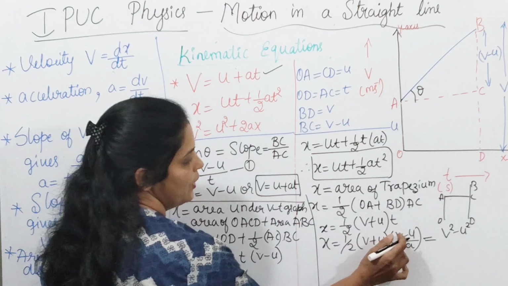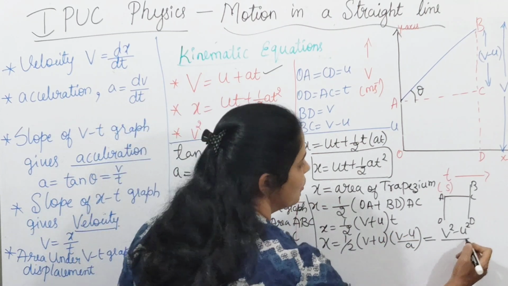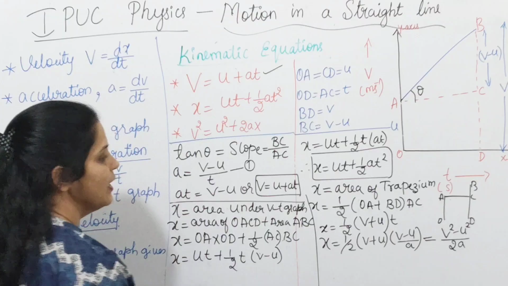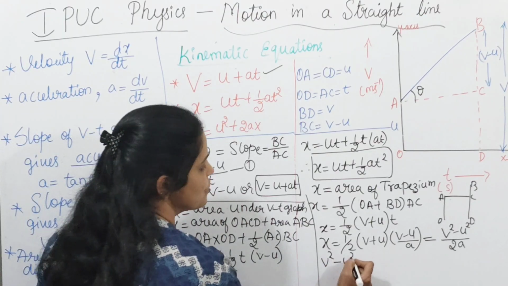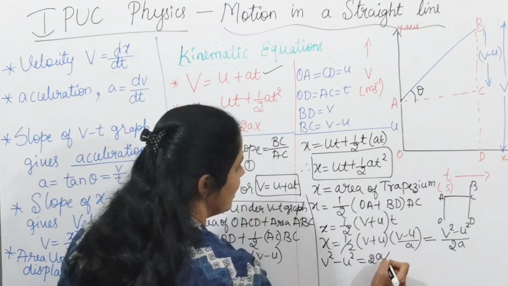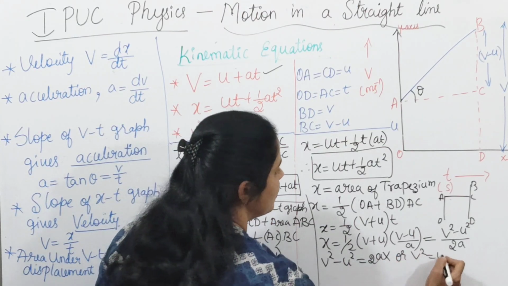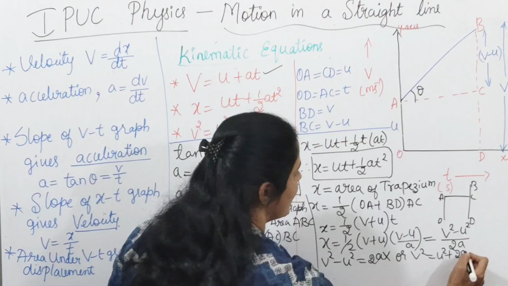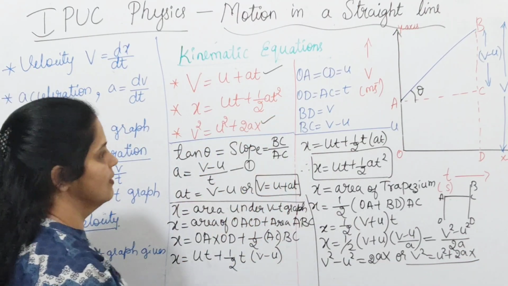V plus U into V minus U is V square minus U square, divided by 2A. Cross multiplying, you can write V square minus U square is equal to 2AX, or V square is equal to U square plus 2AX. Like this, we arrived at equation 3.